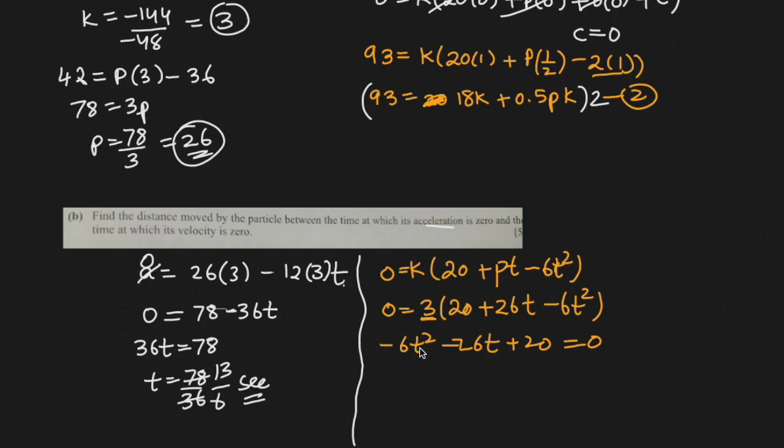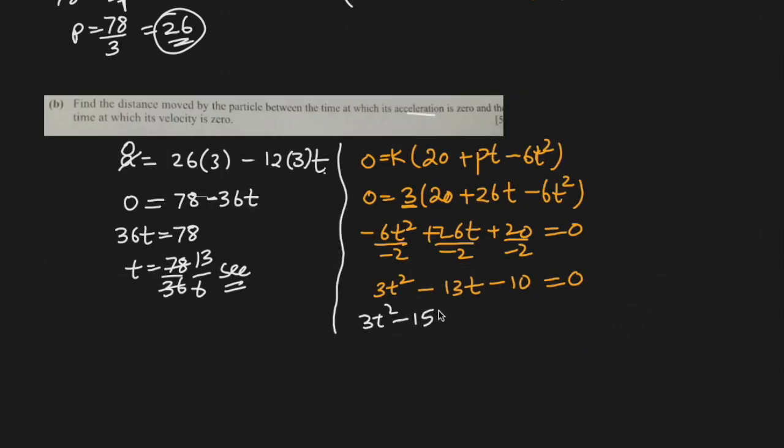And I will divide every one by minus 2. This was positive, right? So it becomes 3t square minus 13t minus 10 equal to 0.